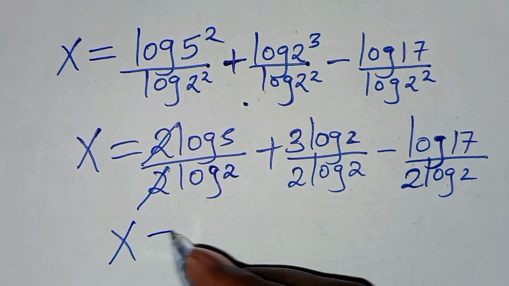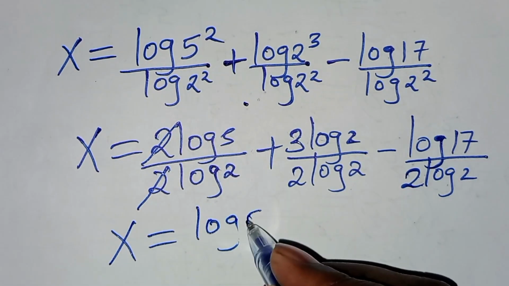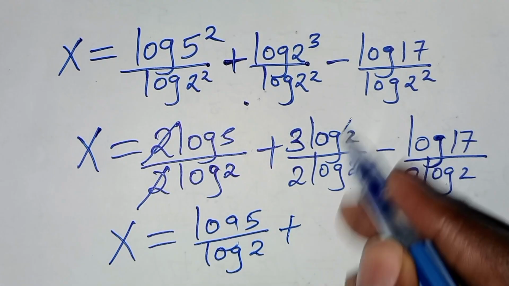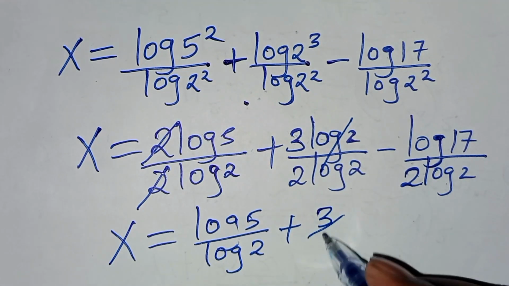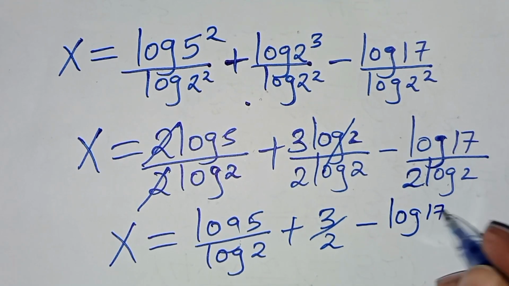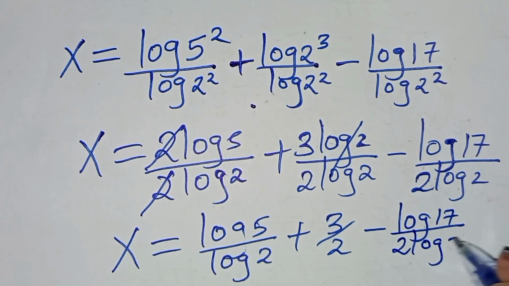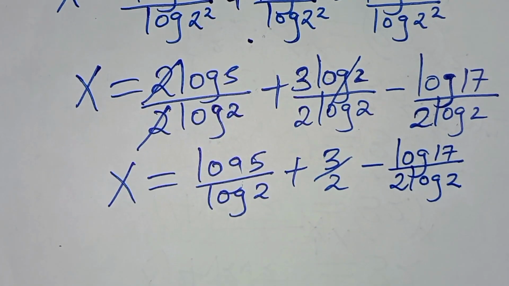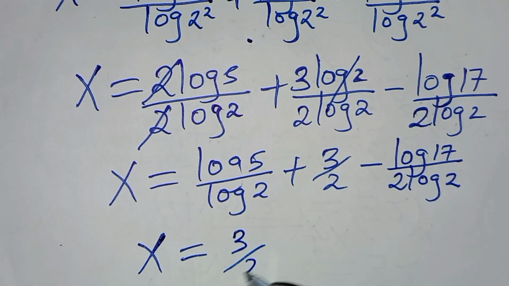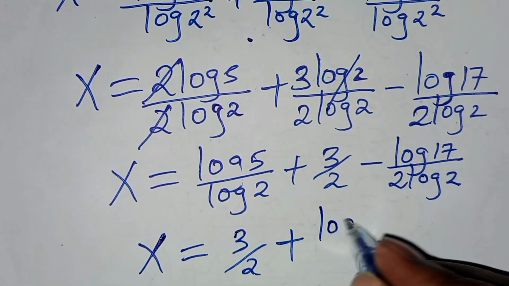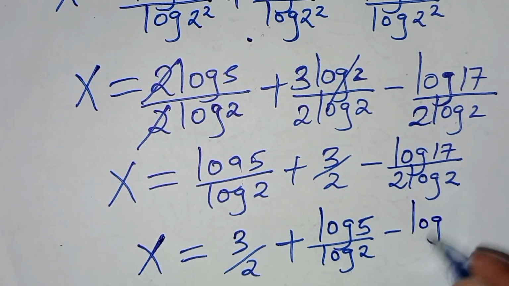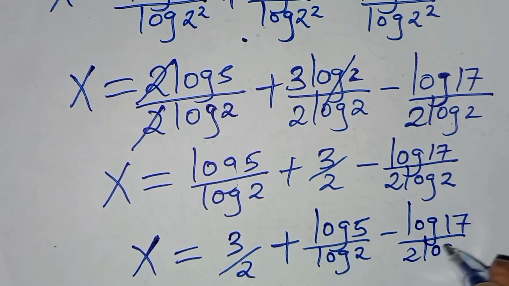So you have x is equal to log 5 divided by log 2, then plus, log 2 and log 2 simplify, so you'll have 3 over 2, subtract log 17 divided by 2 log 2. So this implies that x is equal to 3 over 2 plus log 5 divided by log 2, subtract log 17 divided by 2 log 2.